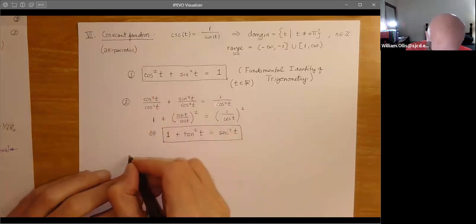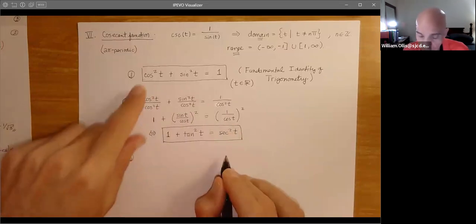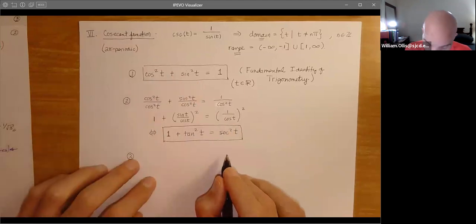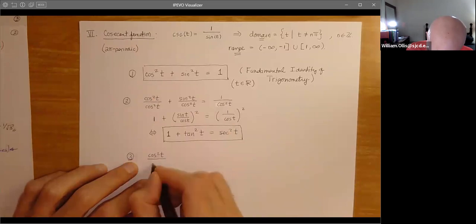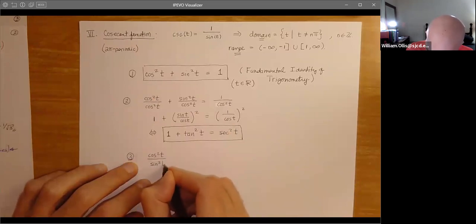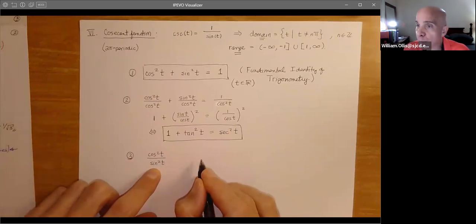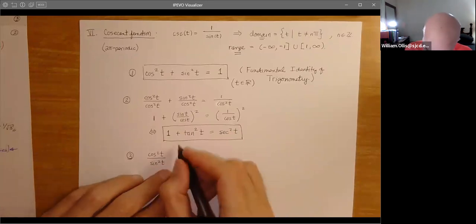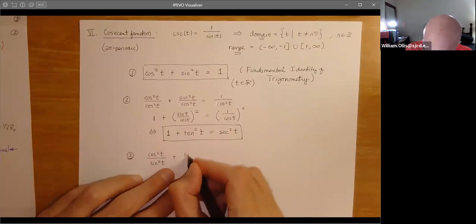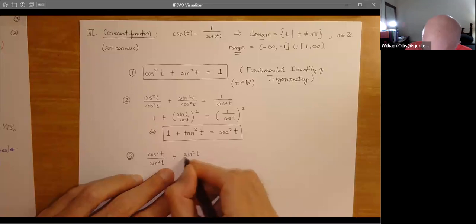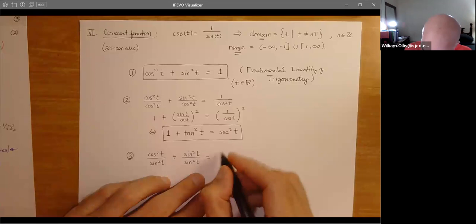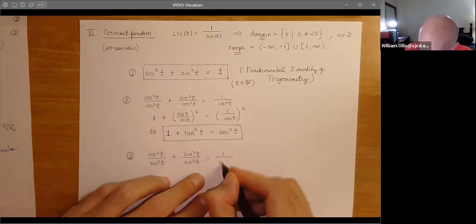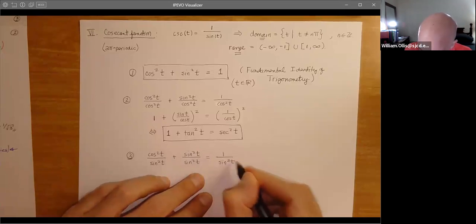Now, the third one, let's just take this equation and divide by sine squared. So cosine squared t over sine squared t. Of course, now we don't want t to be a multiple of pi because we don't want to divide by 0. So that's clear. Sine squared t over sine squared t, and then 1 divided by sine squared. You think, well, we're just doing the same thing.